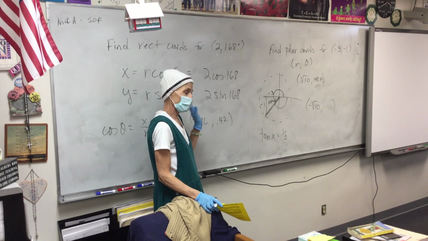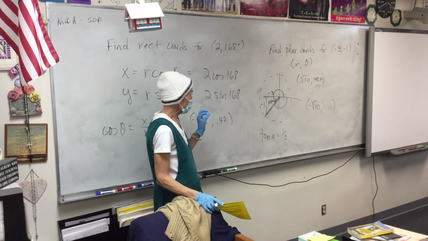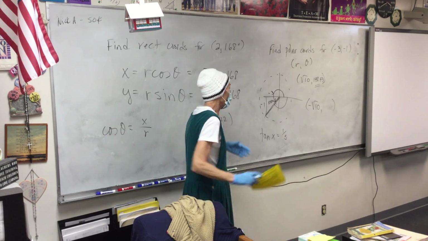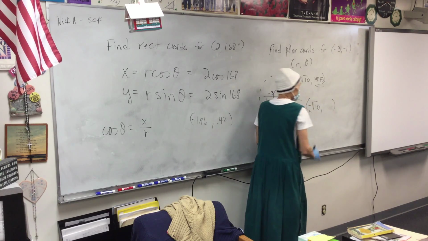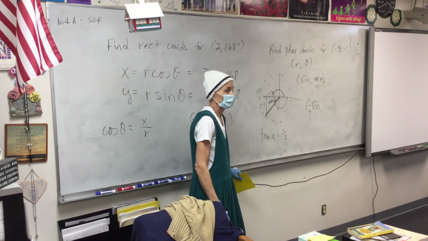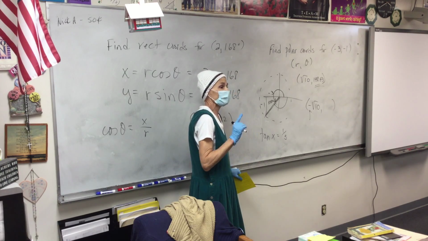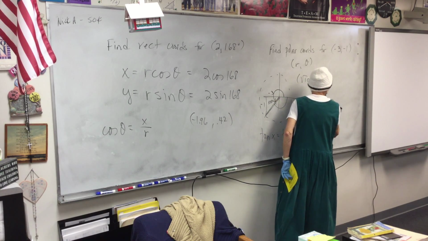And I understand your question completely. Unfortunately, when we sketch, sometimes R comes out negative, and we have to be able to deal with that. So what this means, anytime you see a negative R value, it means the vector is pointed in the opposite direction. So here's what this point would look like.